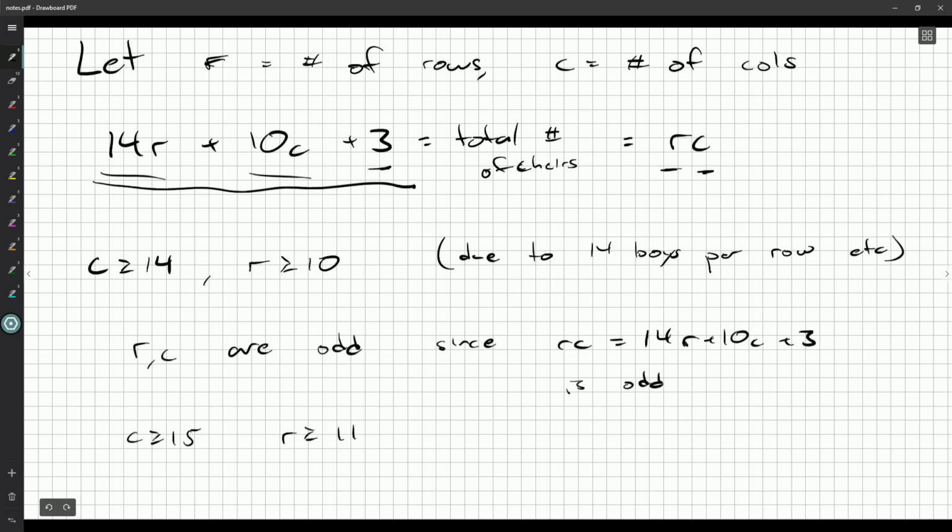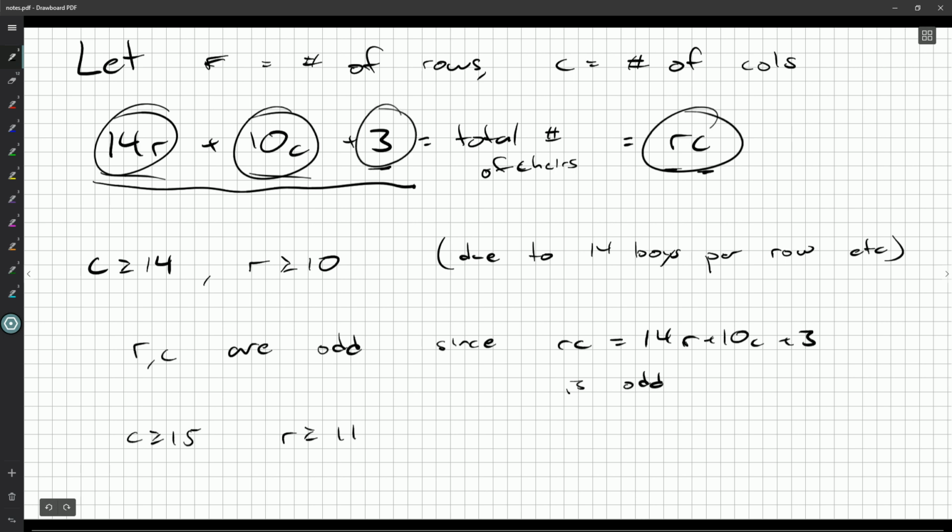The thing that comes to mind is if you have just a nice simple product like this, you get an RC, something involving R, something involving C, and a constant. Well, what have we got? We've got RC, something involving R, something involving C, and a constant. Now, things don't quite match up, so I doubt that this can be easily factored, but we could attempt it.